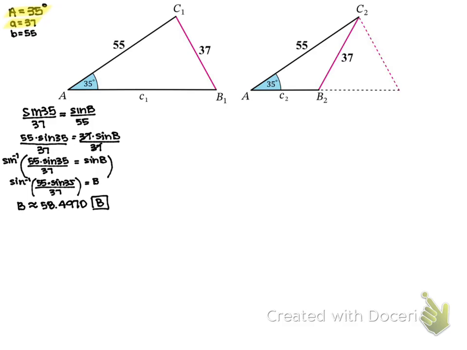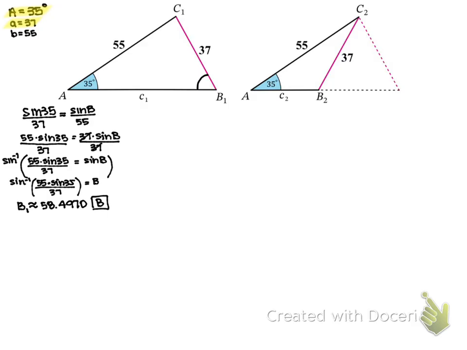Okay. If a second triangle exists, you want to try finding it right now. So don't wait. As soon as you find the first angle, we're going to call this B sub 1, because B sub 1 is this angle. So back in the picture, B sub 1 is between that pink line and that black line on the bottom. If a second triangle exists, then it corresponds with that angle.